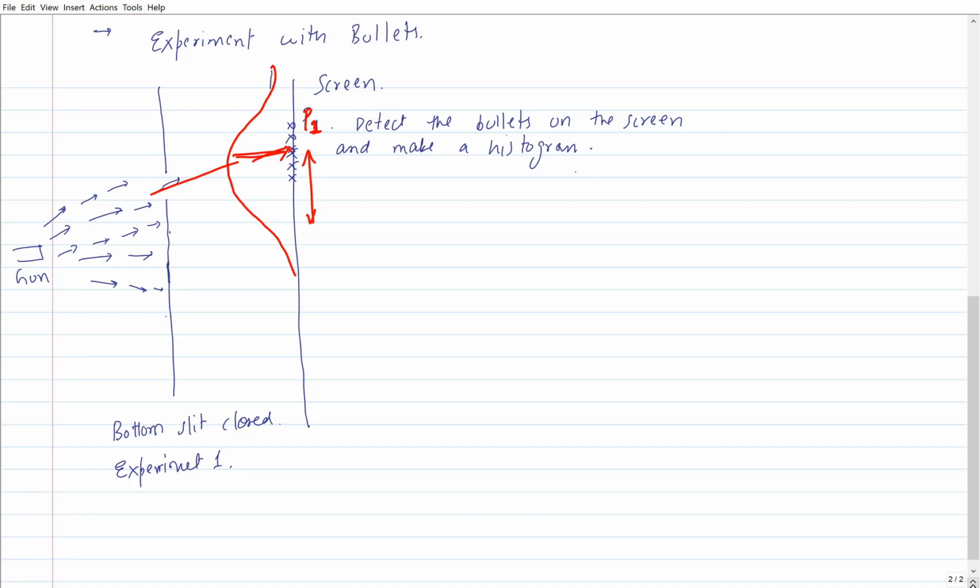For my experiment 2, I close the upper slit and I have the same gun. It's a gun spraying bullets at random. And I close the upper slit. This is experiment 2. Upper slit closed.